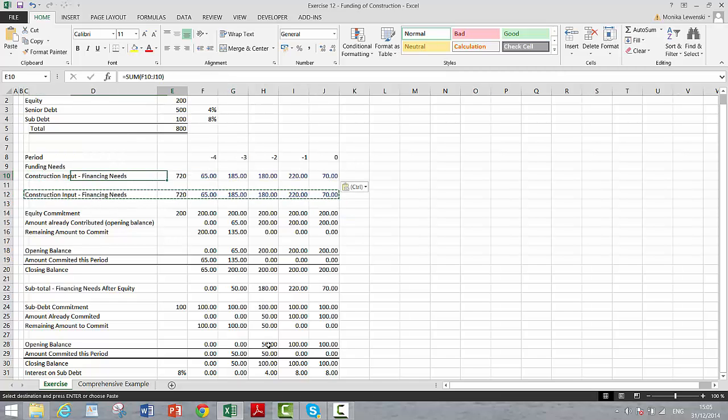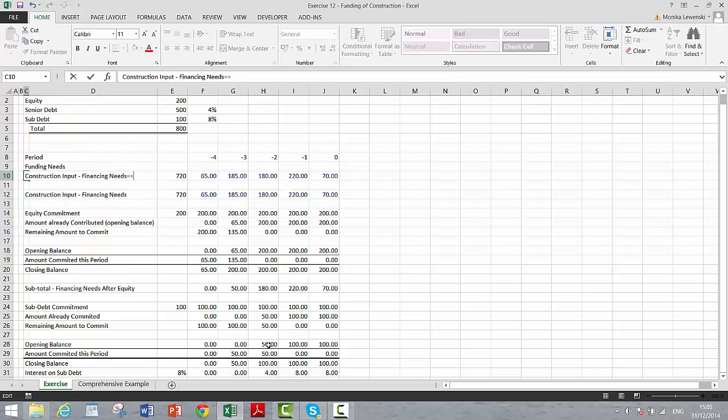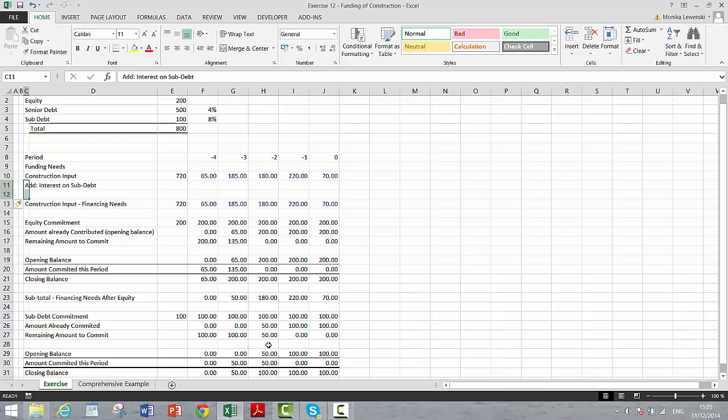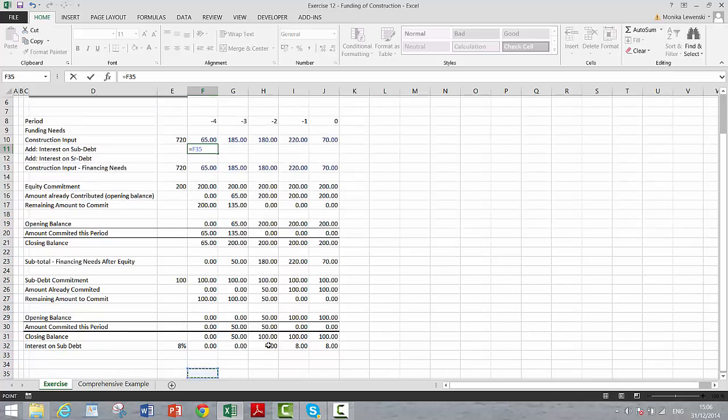Okay, that's what we just input, but then after the construction, now we're going to have to add the interest on the subdebt, and let's put an interest down, Shift down, Control D, interest on senior debt, F2. Come on. Okay, and the interest on the senior debt, the sub-debt is just from above, from down here.